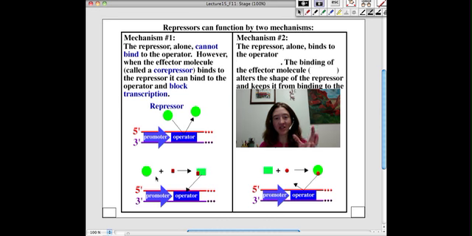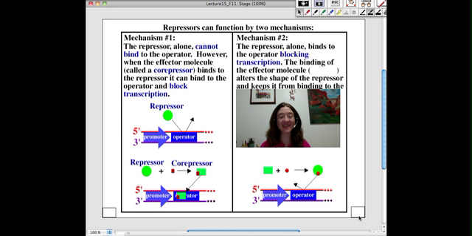It changes its conformation and a sort of domino effect of amino acid transitions that lead to then the conformational change of the repressor, enabling it now to bind to and repress. So repressor plus co-repressor yields a repressor that can repress. So here's one way in which we see allostery exhibited.